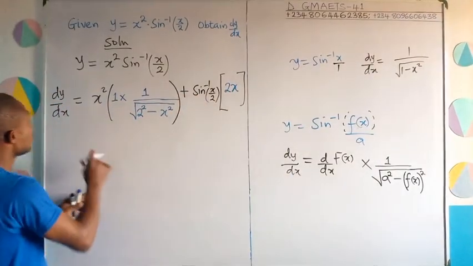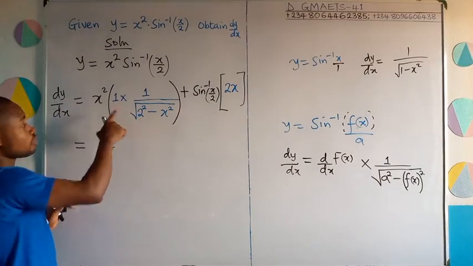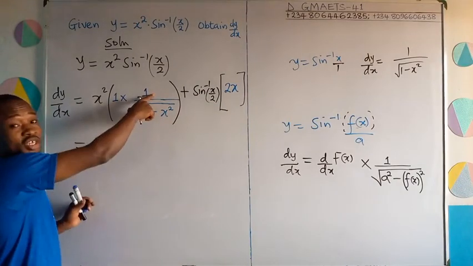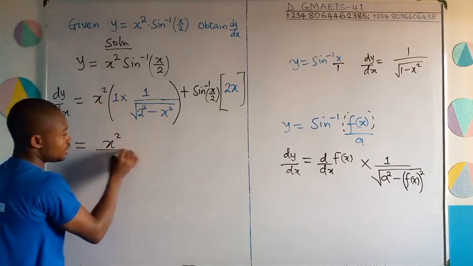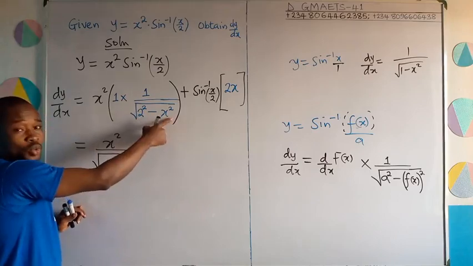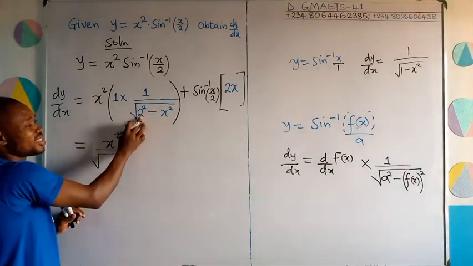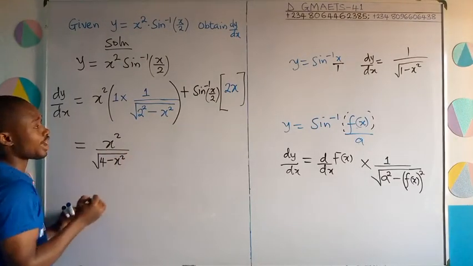Is that okay? dy/dx will now be equal to, this term is x squared, because if you multiply 1 by this 1, you still get 1, times this x squared will give you x squared in the numerator, divided by square root of, this is 2 squared minus x squared. I can choose to work it out, since this is just a number, 2 squared will give us 4 minus x squared.